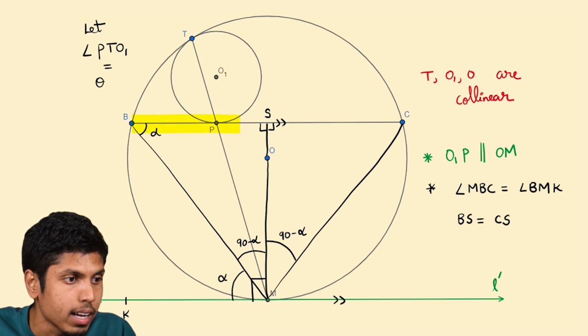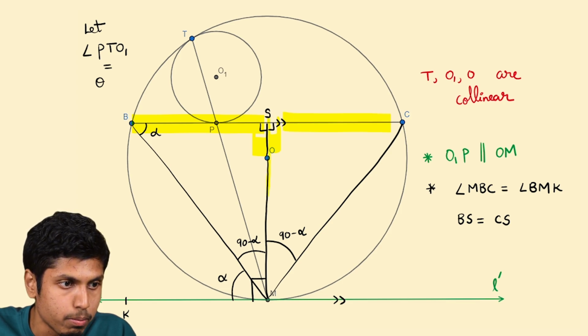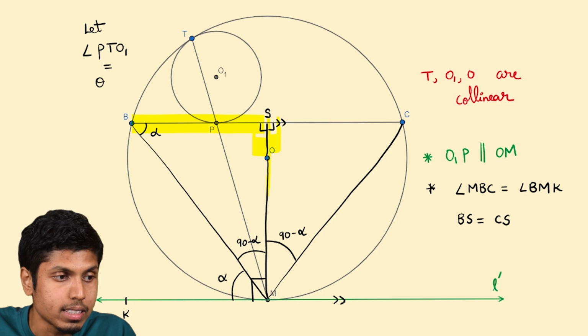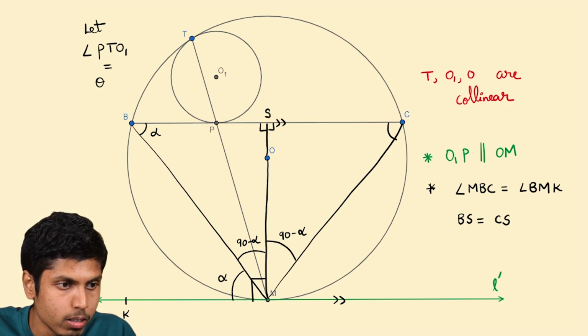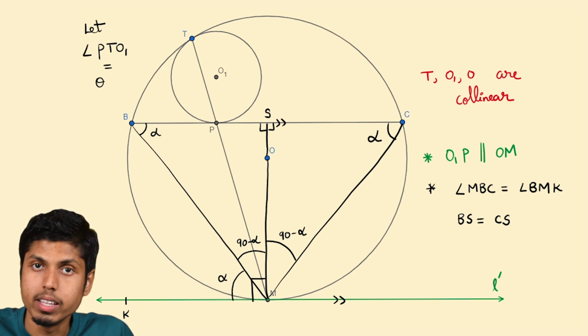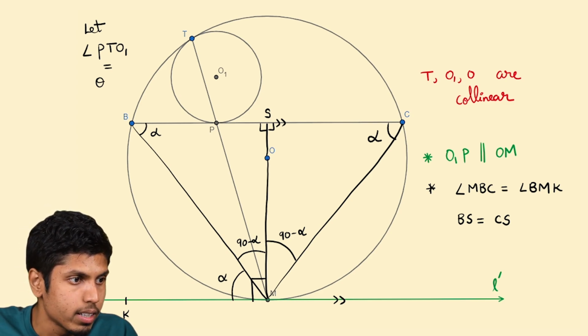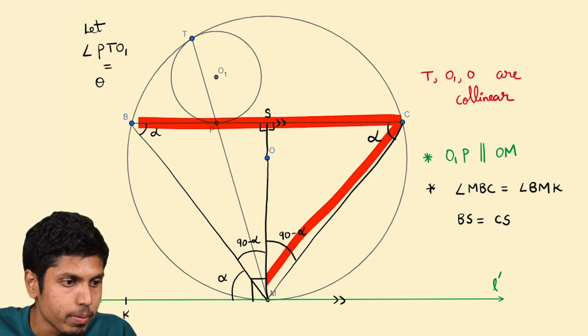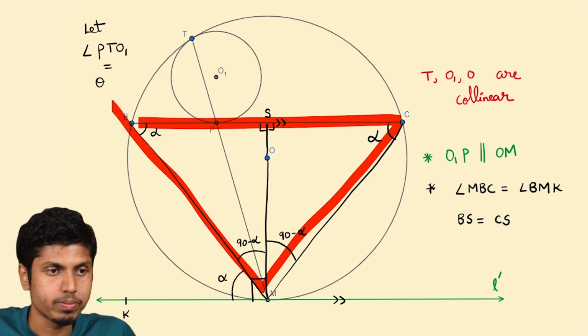By the 90 degree angle being common, the sides BS and CS being equal, and MS being common, by the SAS criterion the triangles are congruent and you get that this angle is also alpha. Thus, we get that triangle BCM is isosceles.